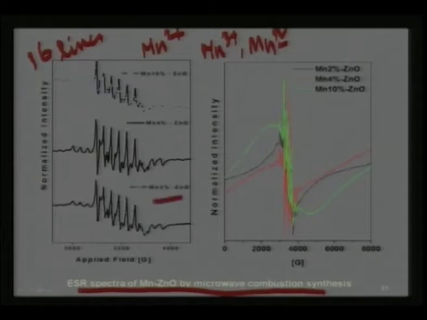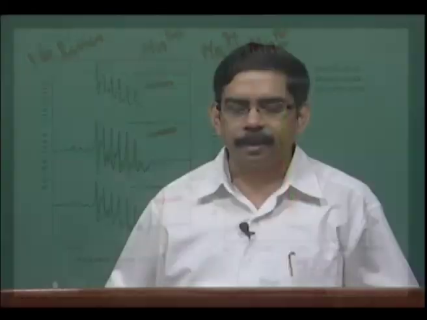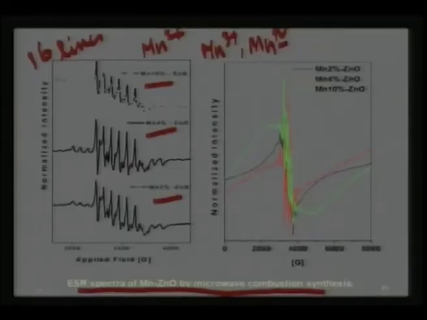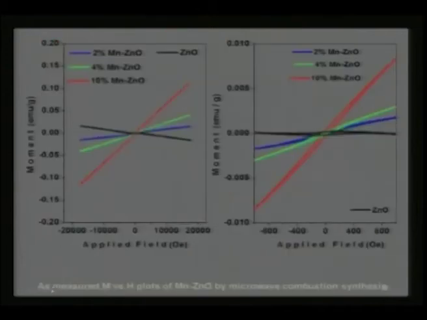It is for 2%, it is for 4%, it is for 10%. Therefore, one can clearly say that in microwave combustion the Mn2 plus is also getting converted to higher oxidation states, which are Mn3 plus and Mn4 plus, and therefore, it is very important that we look at the ESR spectra when we are specially studying the manganese system.